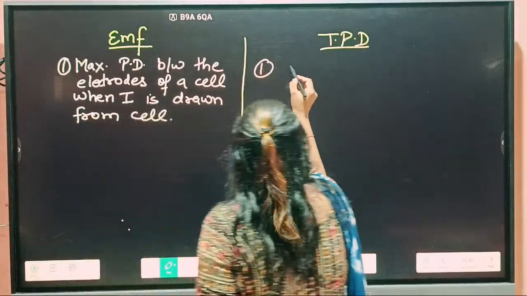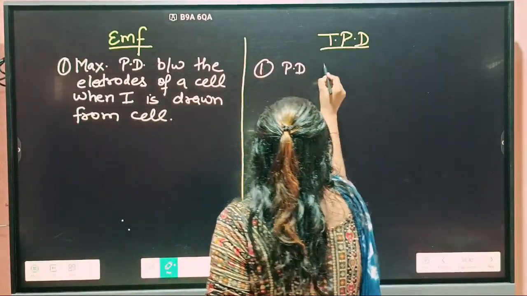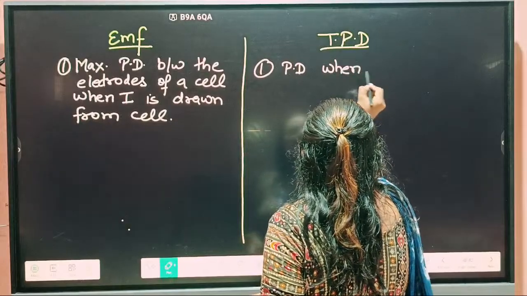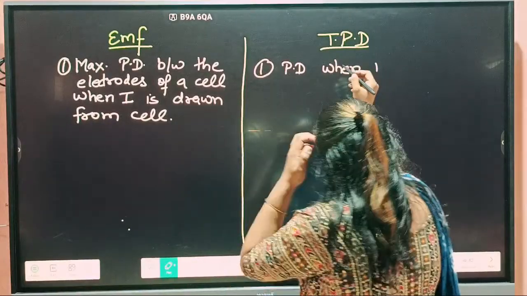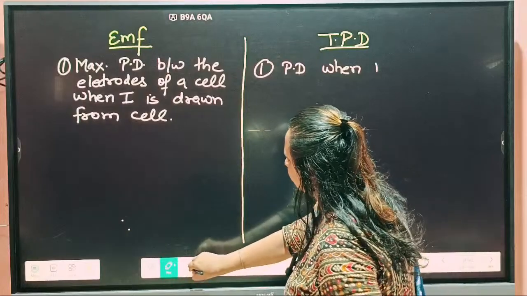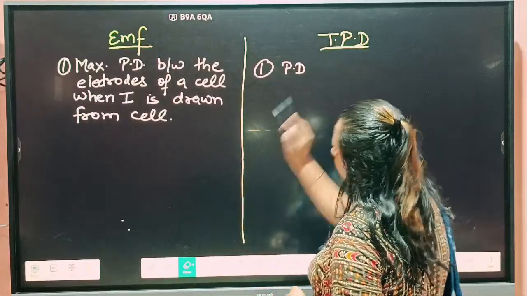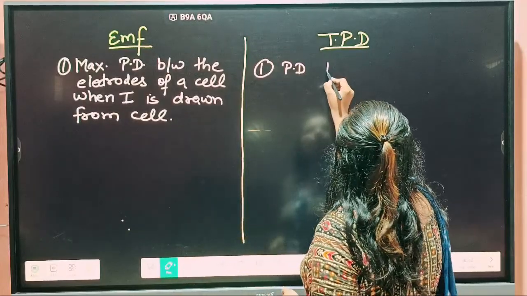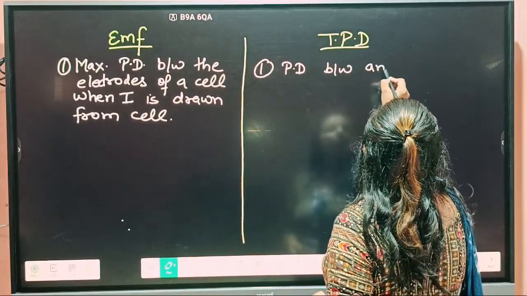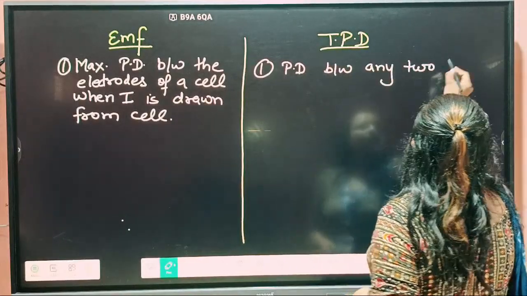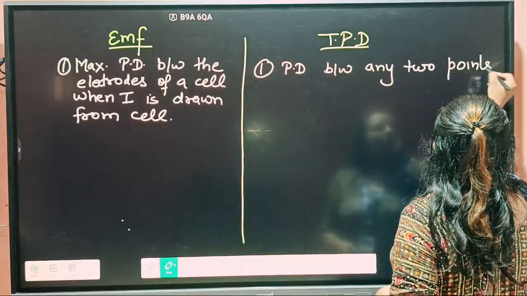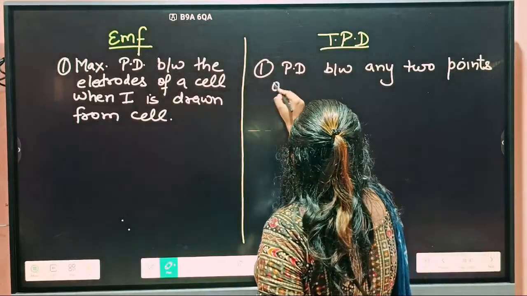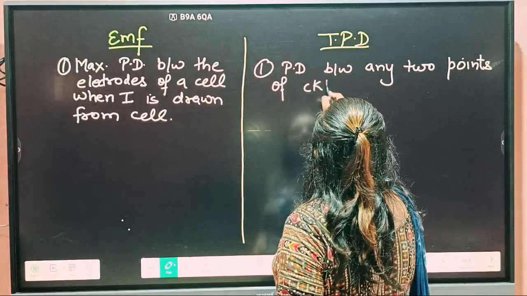And terminal potential difference is the potential difference between any 2 points of the circuit.